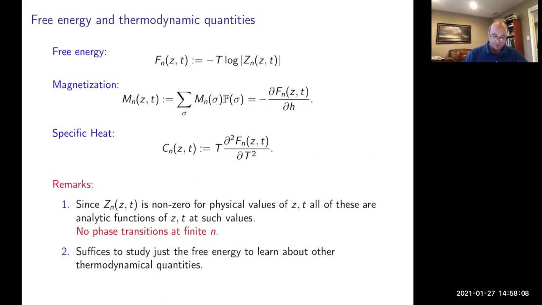And the other remark is that if you want to study phase transitions in any of these quantities, magnetization, specific heat, others derived from free energy, it's sufficient to consider singularities of the free energy. That's the granddaddy of all of these thermodynamic quantities, and you can just study it. That's the principle. So that's what we're going to do.